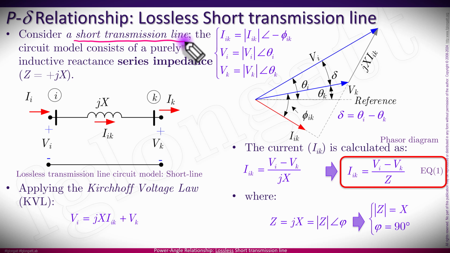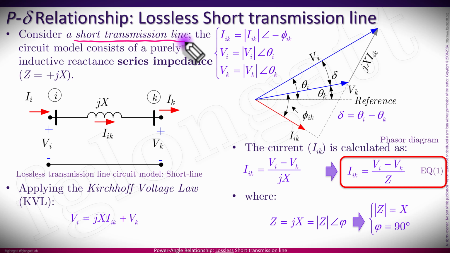In the short transmission line, what we are considering is just the effect of the series impedance that we can find in a steady state of a transmission line. In this case, this series impedance is represented by a combination of resistance and inductive reactance.